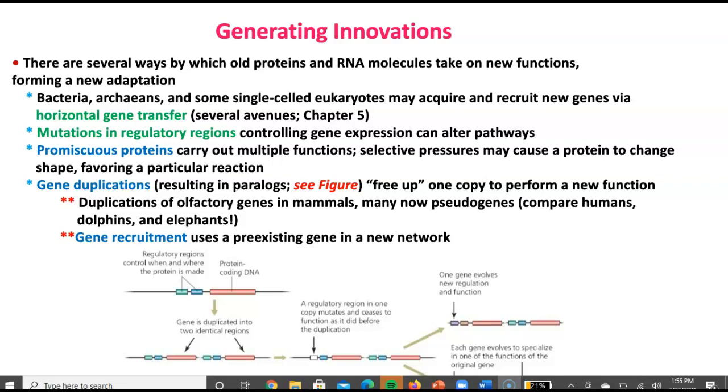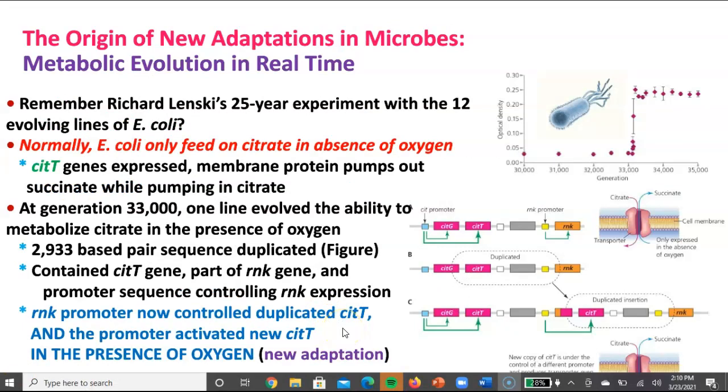There are several ways by which old proteins and RNA molecules can take on new functions, new adaptations, and this slide is summarizing for you the myriad ways, the diverse ways that this can happen. So here we've got a great example of a new innovation being documented in real time: metabolic evolution in microbes.